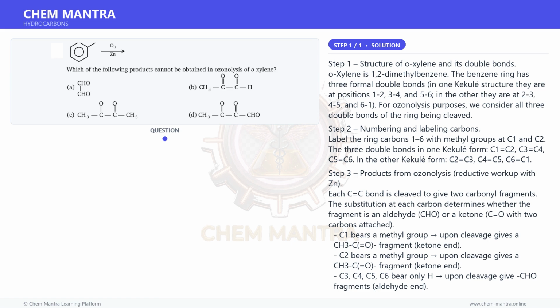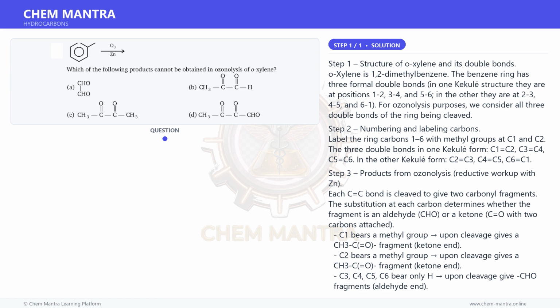From the C1, C6 and C2, C3 regions, CH3CO-CHO, methylglyoxal, option B, is possible. From C3=C4 and C5=C6 cleavage, OHC-CHO, glyoxal, option A, is possible.